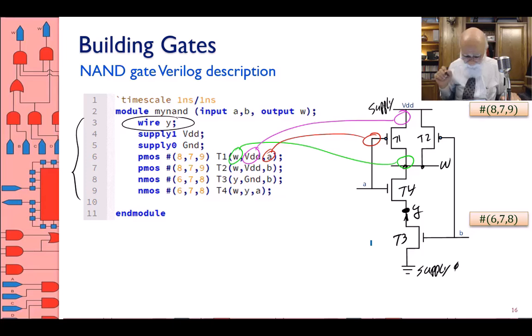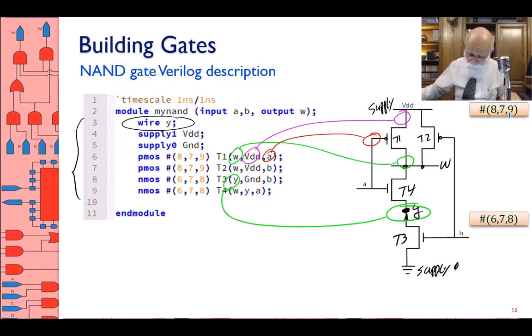Let's look at T4, for example. Let me do T3. I think T3 may be more interesting. The output is in the opposite direction of supply. Supply is down below, and therefore this is the output, and therefore I put that first.